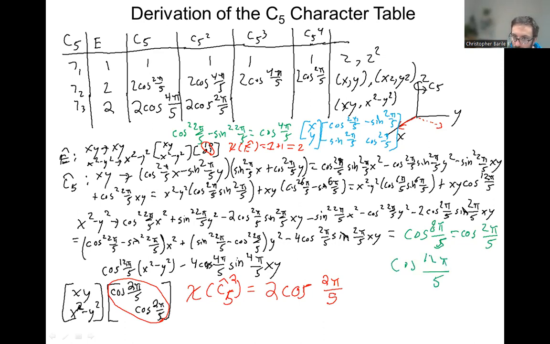Okay, so the character ends up being, we have 12 pi here and 12 pi, but that ends up being 2 pi. So it ends up being the same, where we still get 2 cosine 2 pi over 5 for our C5 3 character here.